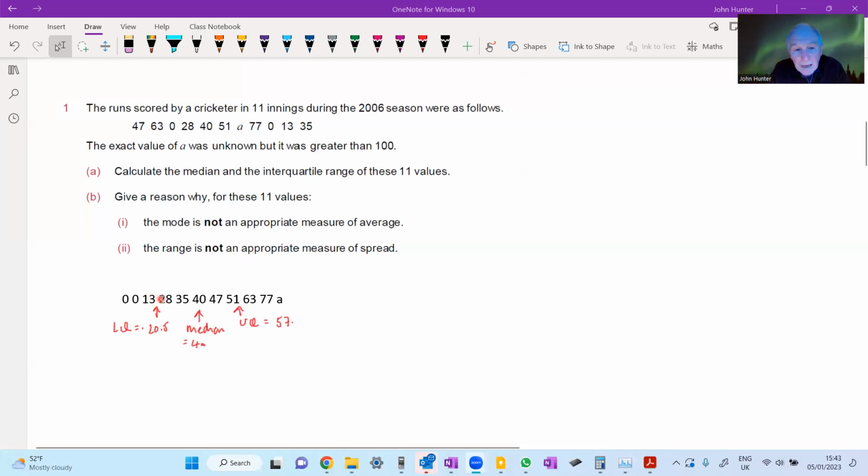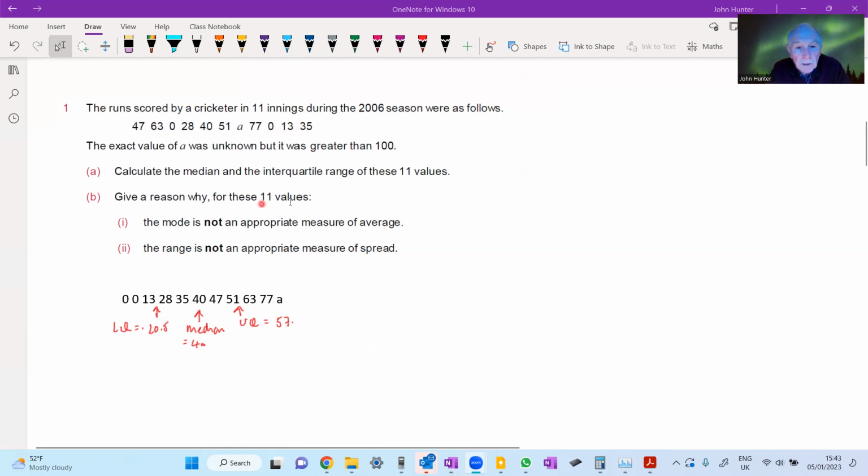So there we have to take the mean of these two numbers, which will be 20.5, and correspondingly up here, the upper quartile, we'd be taking the mean of these two, which is 57. So the median is going to be 40 for these data, and the interquartile range would be the difference between 57 and 20.5, which would be 36.5. So that would be the interquartile range.